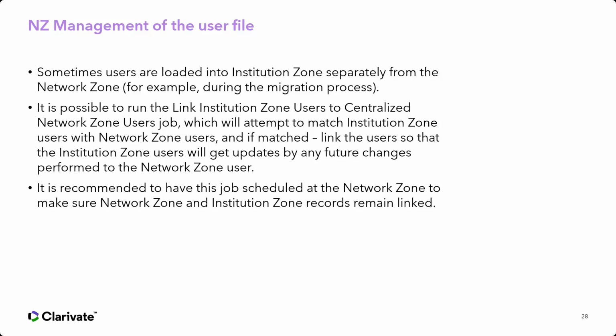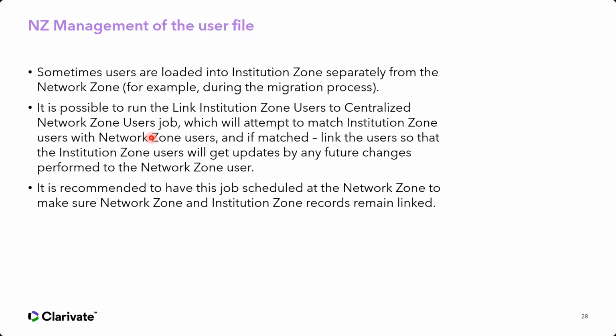There is a job that can run at the network zone that fixes those broken links. It's called Link Institution Zone Users to Centralized Network Zone Users. It runs at the network zone, and it is recommended to have that run routinely. A term I like using is kind of a garbage collector.